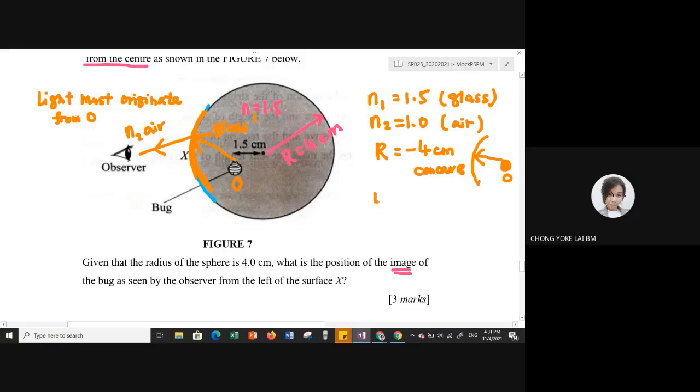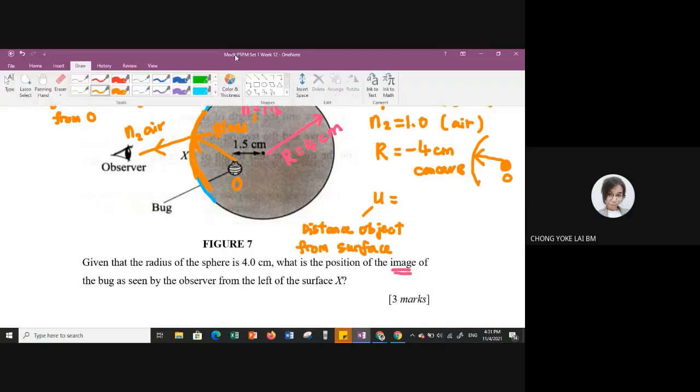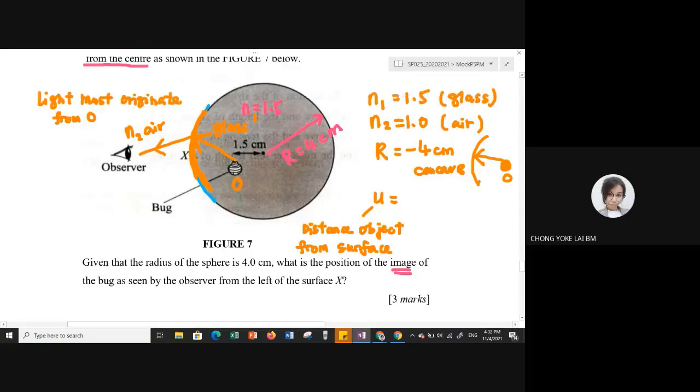Okay. Then U. U is the object distance. That one is the distance of object from the surface. Daripada surface. So, object distance kita tu mestilah daripada surface kita ni. Okay. Daripada surface ni sampai ke objek.